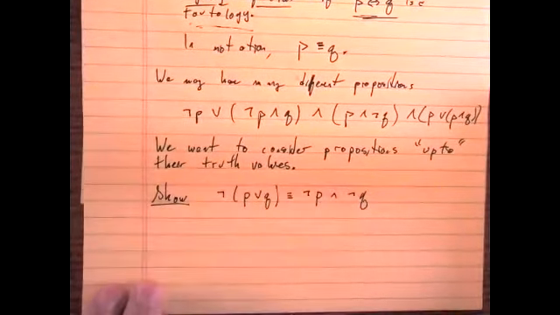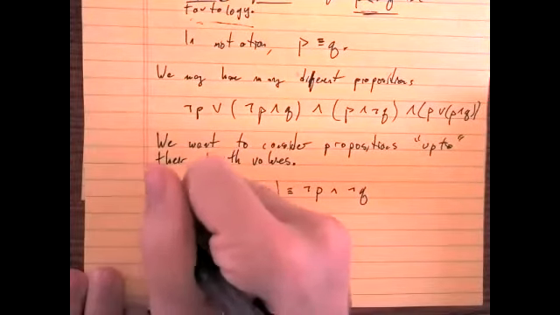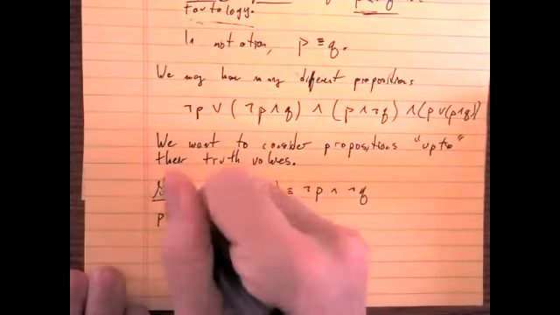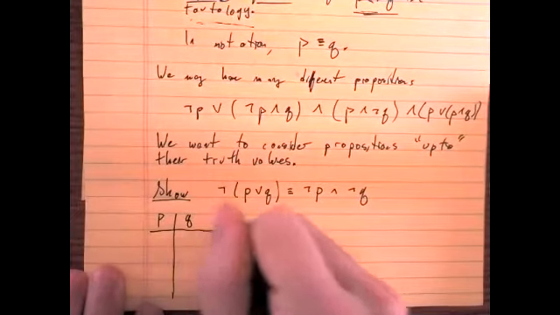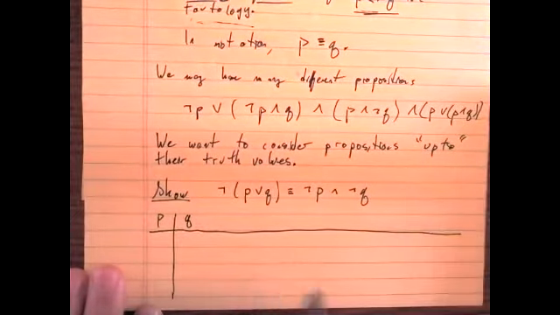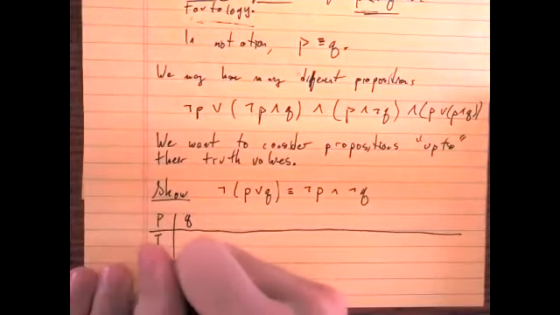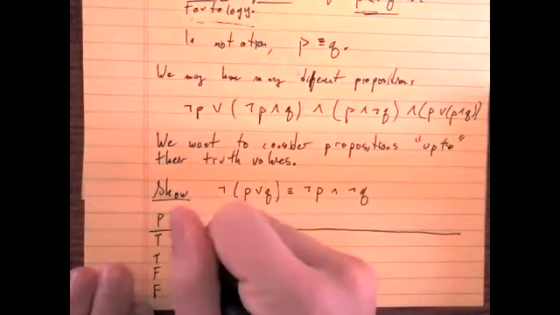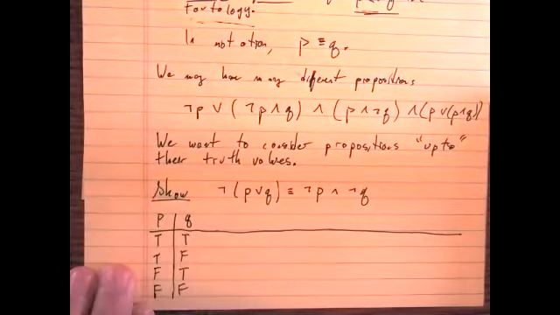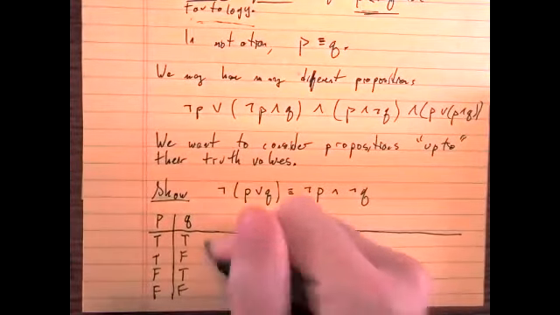So do I have enough space? Yeah, so P, Q. It's going to be a long truth table because there are a lot of things that I need to show. True, true, false, false. True, false, true, false.